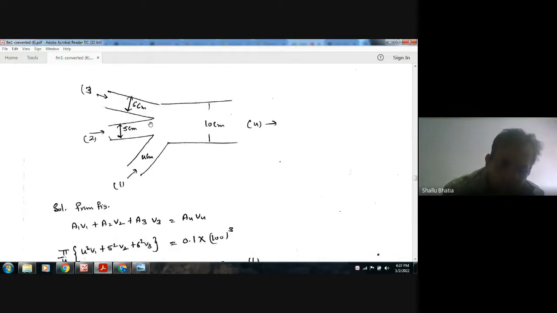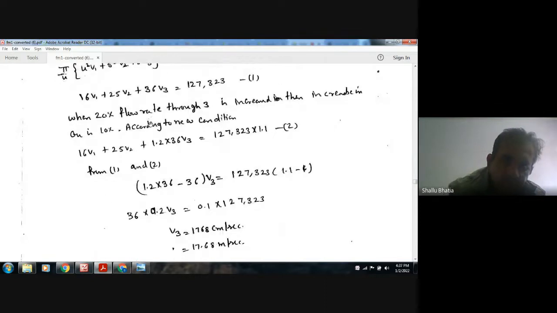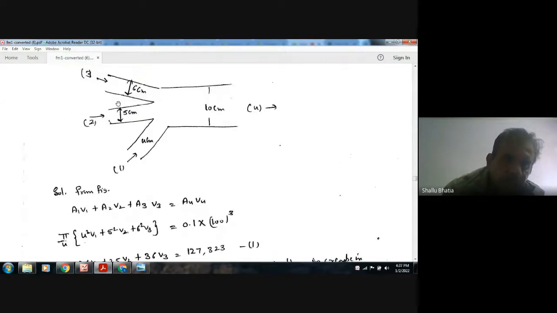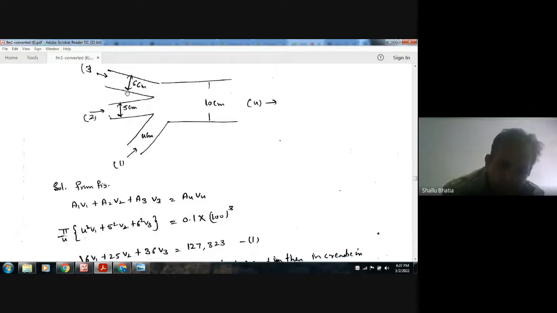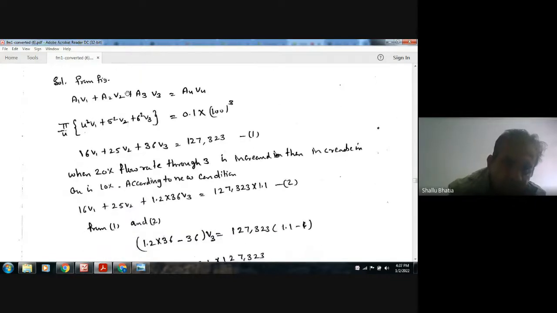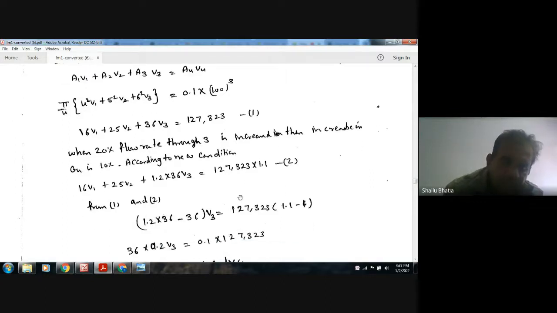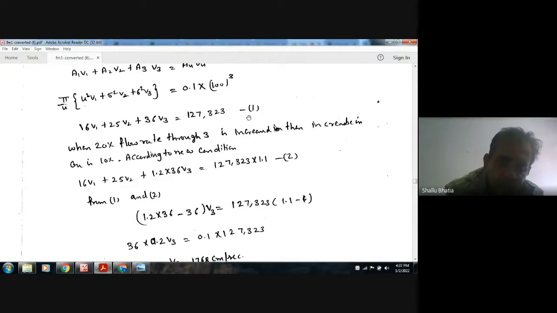When the flow rate through 3 is increased by 20%, then the increase in Q4 is 10%. So if we increase this by 20%, or multiply it by 1.2, then it changes to 1.1. Okay. So now we have equation 1 and equation 2.